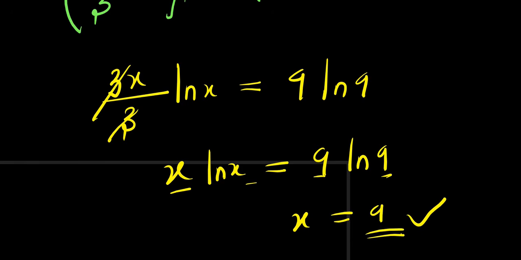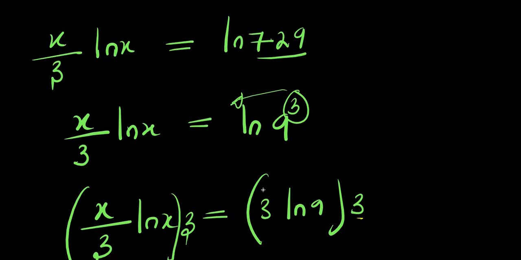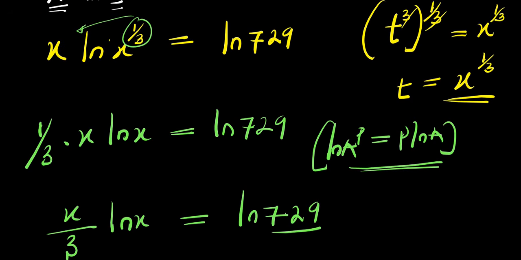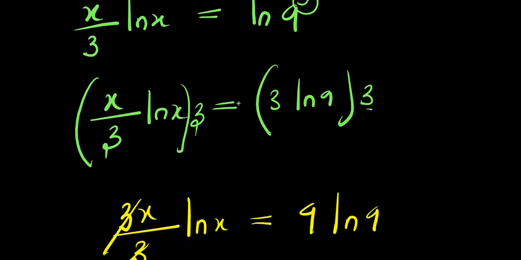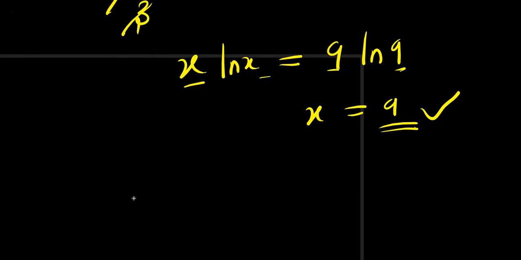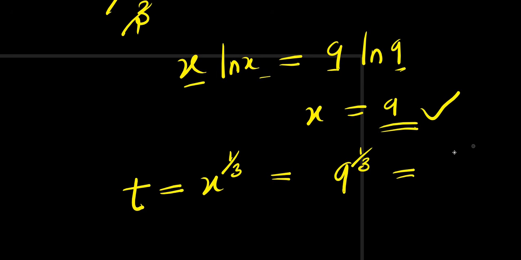Now, if this is true, then let's solve for t by considering this equation here, which is t equals x power 1 over 3. So we have t equals x power 1 over 3, meaning that t equals 9 power 1 over 3, and this equals the cube root of 9.